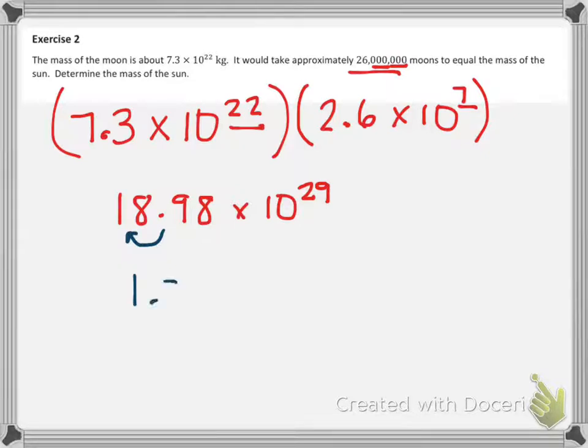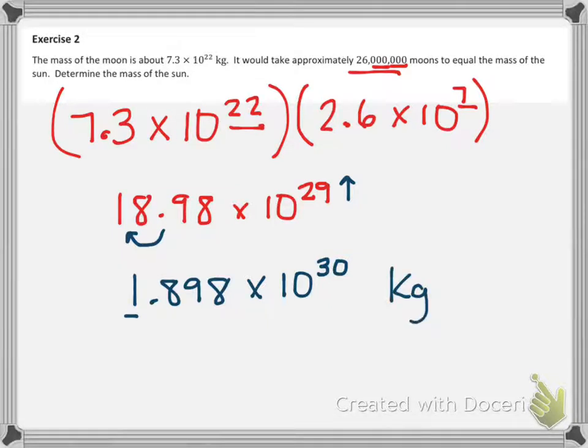So I get 1.898 times 10 to the, and our exponent now, we had an 18, now we changed it to a 1, so that got smaller. That means our exponent has to make up for that by getting bigger, so that has to be a 30. So it's 1.898 times 10 to the 30th kilograms is the mass of the sun.